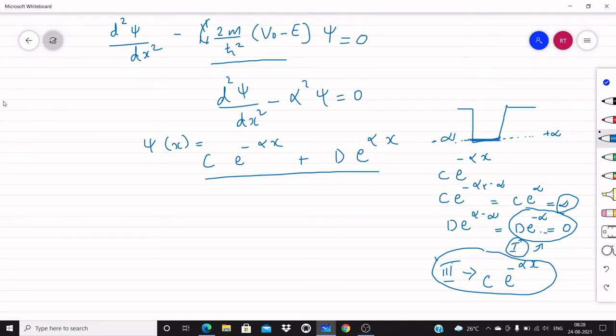Okay, so in this case, let us write the value of the wave function.